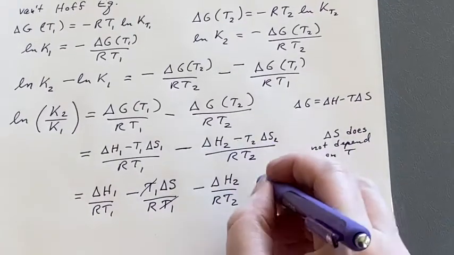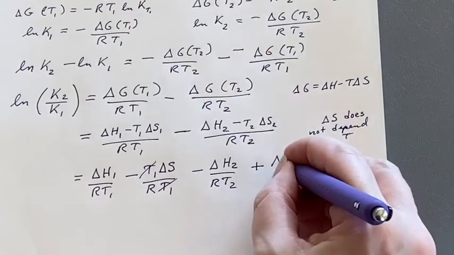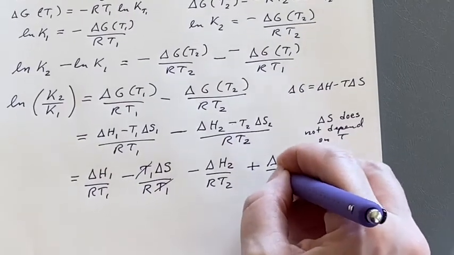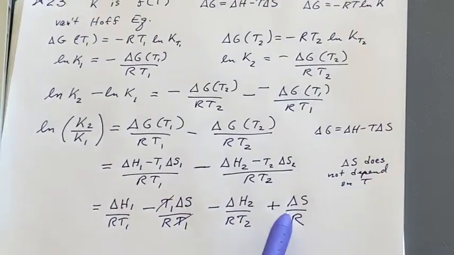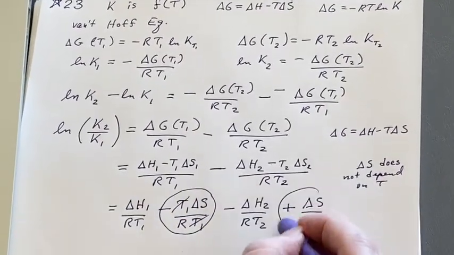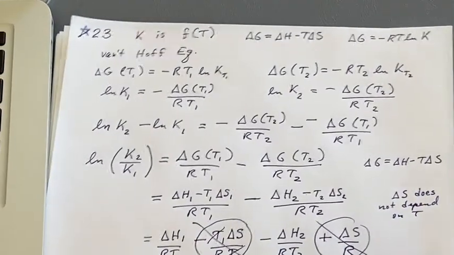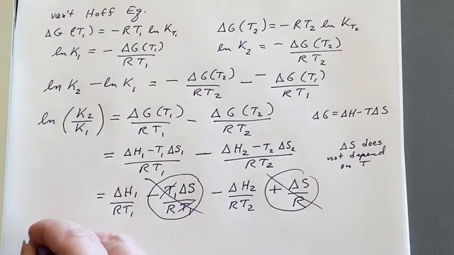And since I've already figured out that the T2s are going to cancel, I will just write it as delta S over R. Here's a minus delta S over R and a plus delta S over R. So this and this end up canceling each other out because delta S is very insensitive to temperature.